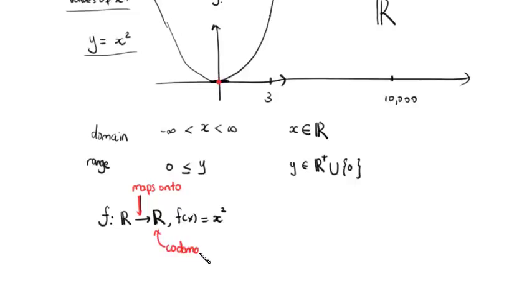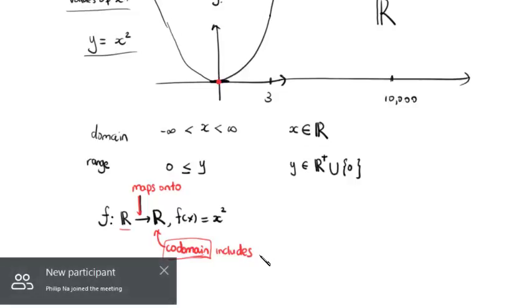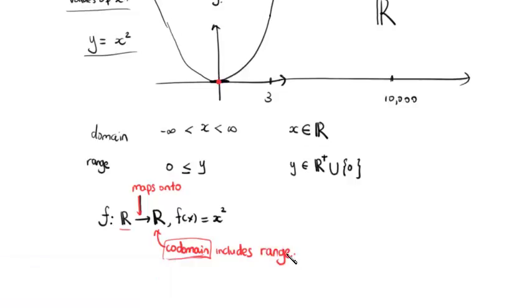So this knowledge is very, very important. But codomain has really nothing to do with the domain. Codomain is something that is bigger than the range. So codomain includes the range. Okay, so codomain includes the range.